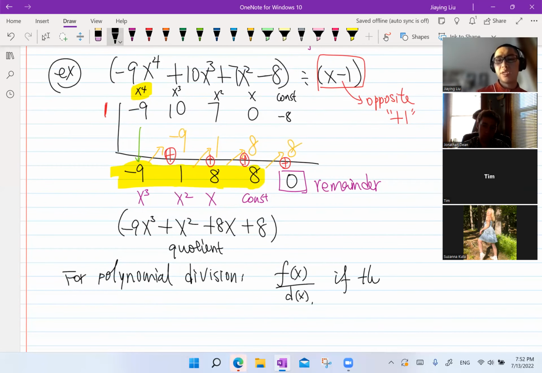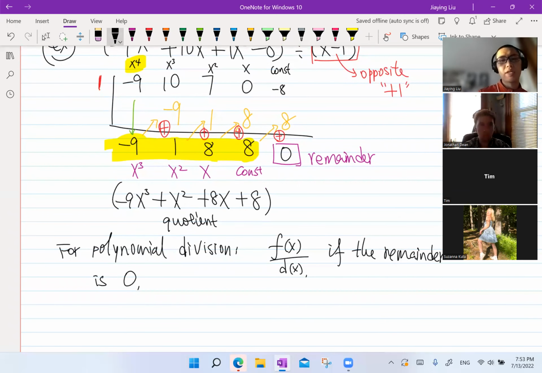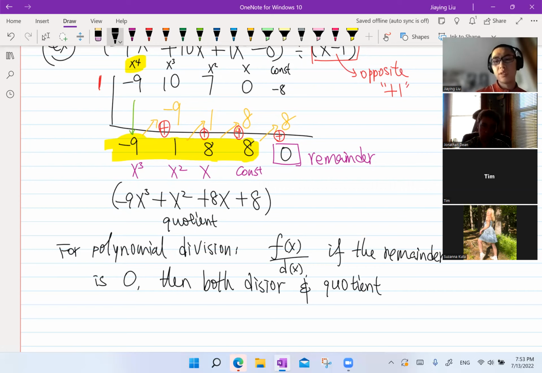If the remainder is 0, so we don't have any remaining, then both the divisor and the quotient are factors of the polynomial function or polynomial expression f of x.